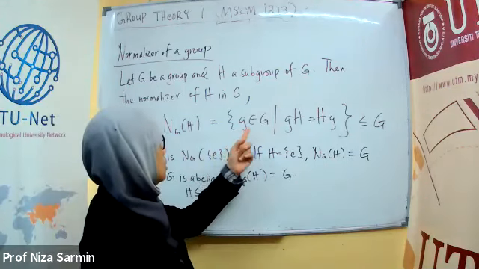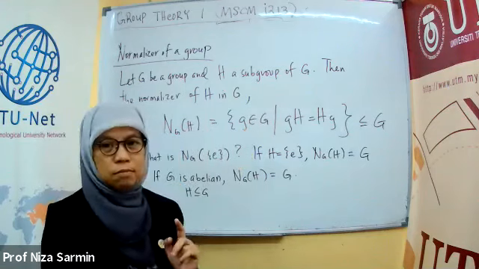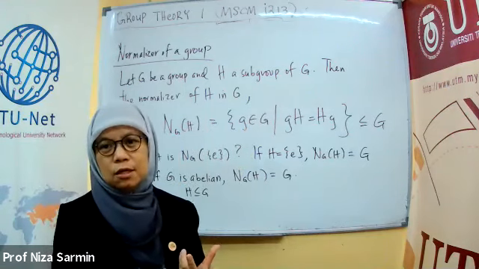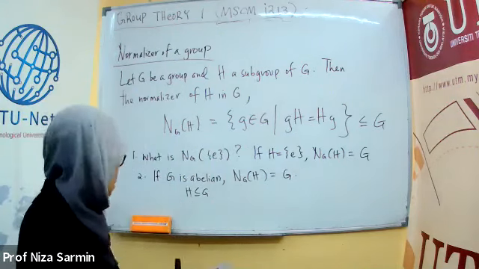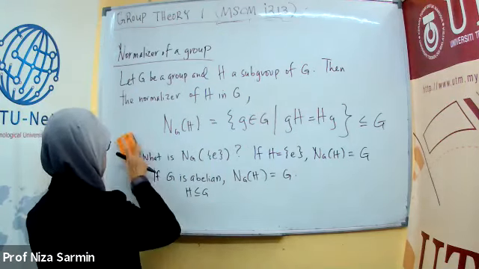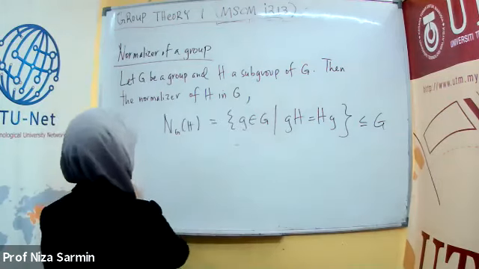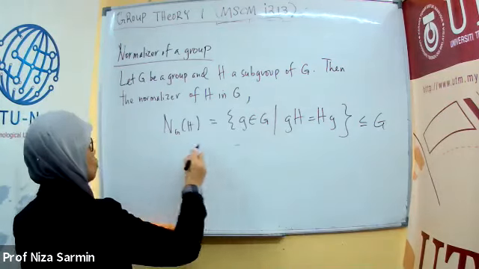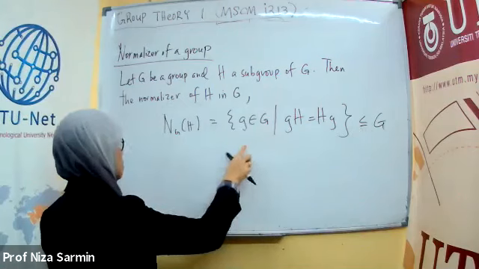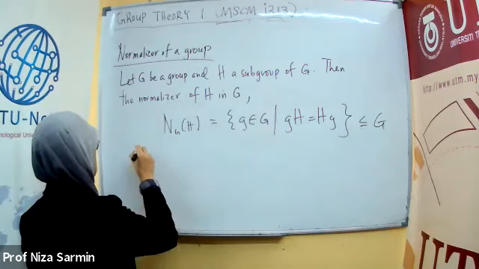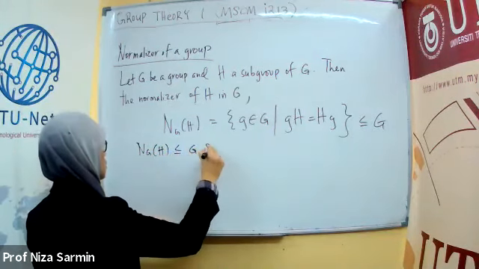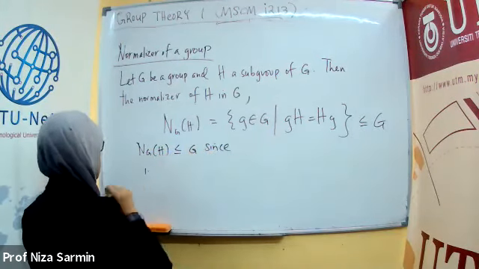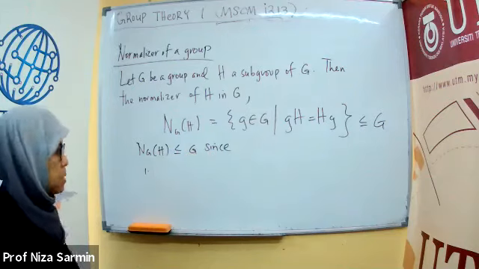So if g1, g2 are in here, why is g1 times g2 also in there? Claim: why is it a subgroup? And G is a subgroup of G since number 1. Proof.